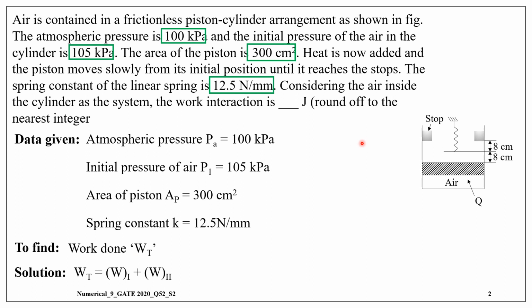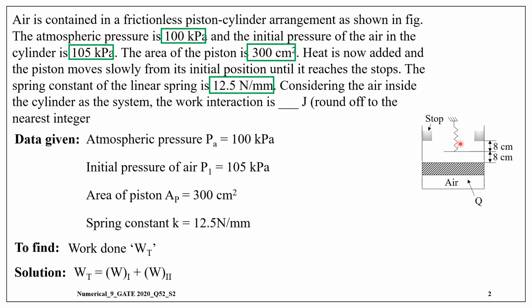In the first step, the piston moves freely for a length of 8 centimeters, and after that the piston moves another 8 centimeter, compressing a spring.